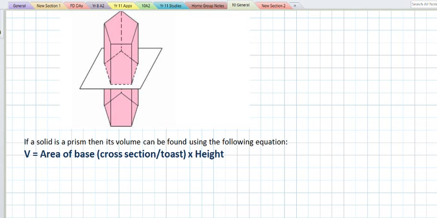The area of the base is the cross-section, the piece of toast, and the height is the height of the object if you stand it on its base. So if you look at the shape above, to calculate its volume, we would need to get the area of the pentagon and multiply it by the height of the entire shape.